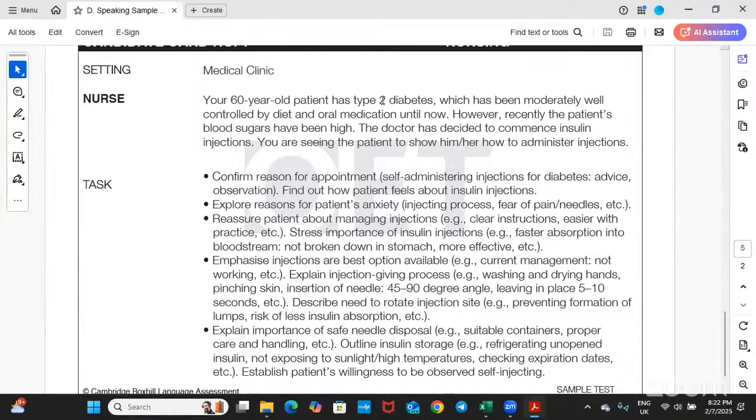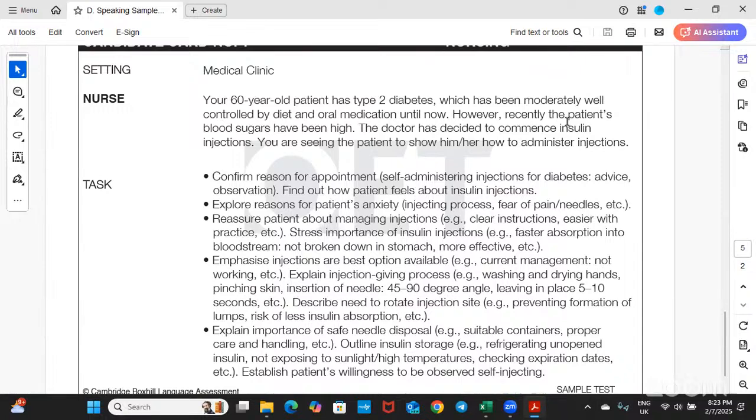He has type 2 diabetes and he has been moderately well controlled by diet and oral medication until now. However, recently the patient's blood sugars have been high.